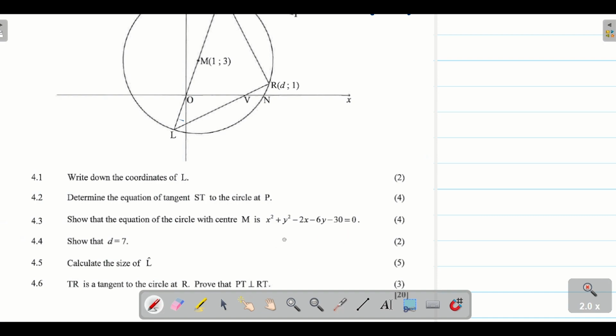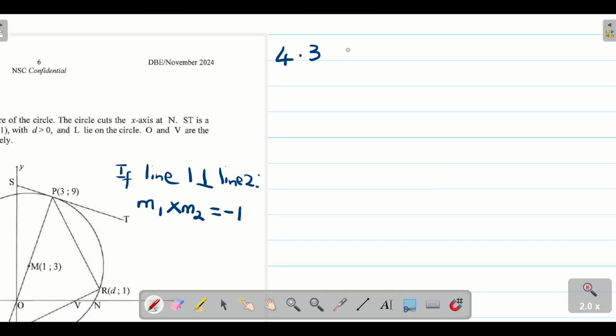So to find this equation of the circle, the center-radius form of a circle is x minus a squared plus y minus b squared equals r squared, where a is the x value of the center and b is the y value of the center.